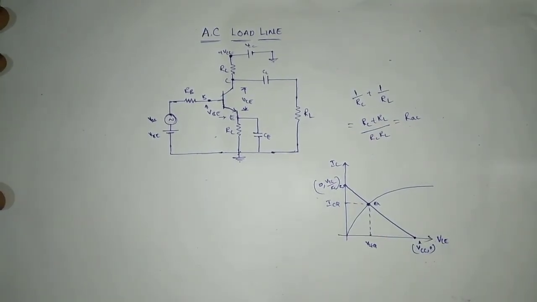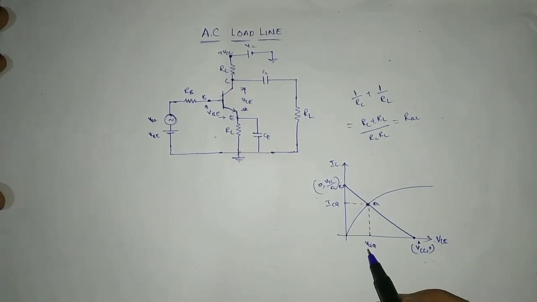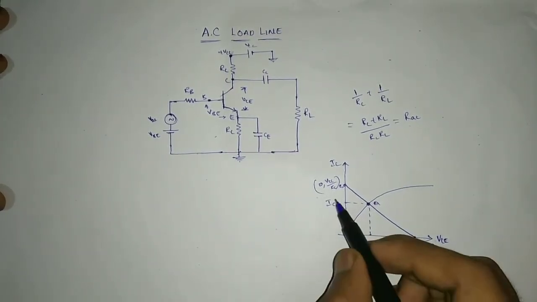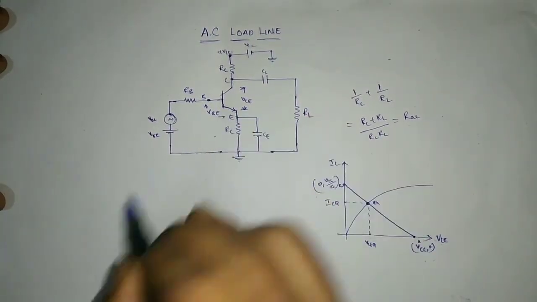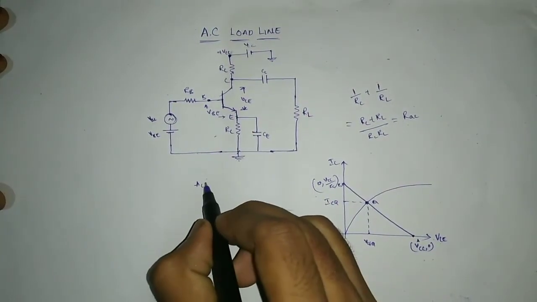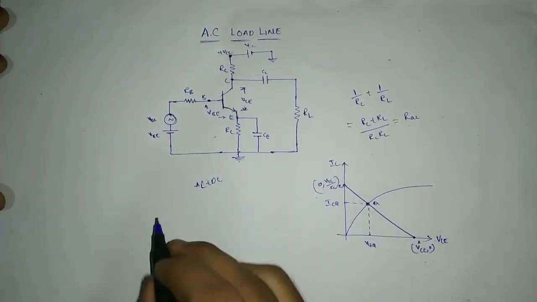Now to find the AC load line, there is a requirement of these two quantities. Here the total response is AC response plus DC response.